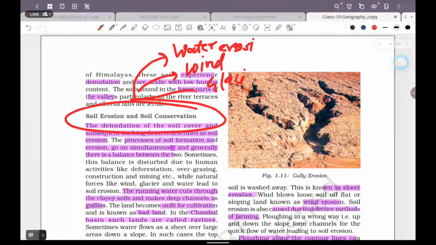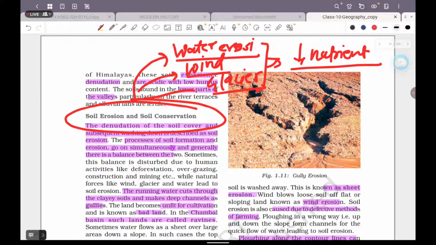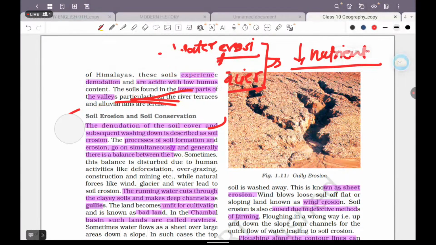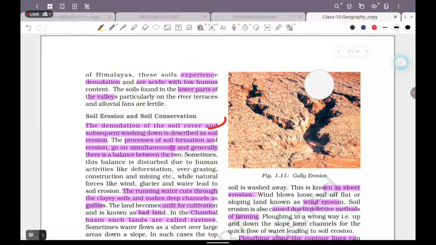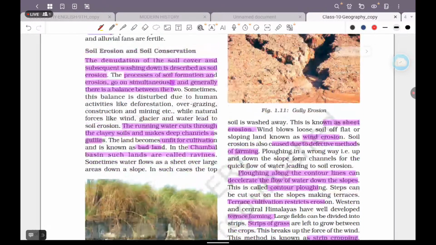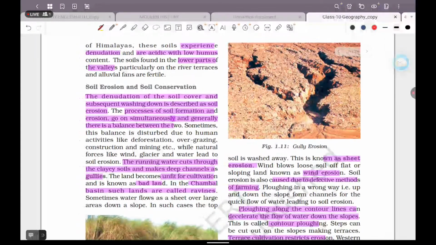These are some of the methods through which the soil is eroded and it reduces its nutrients, that is the soil erosion. और इस soil erosion को मैनेज करने के लिए we use some of the methods and that is the soil conservation.